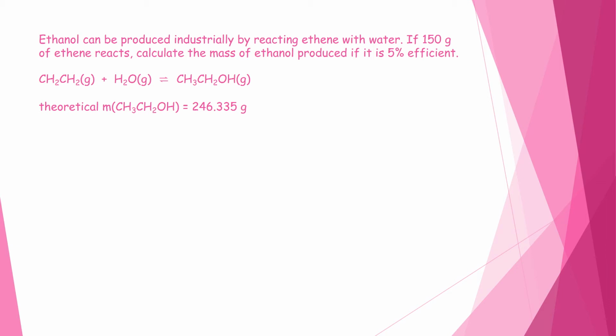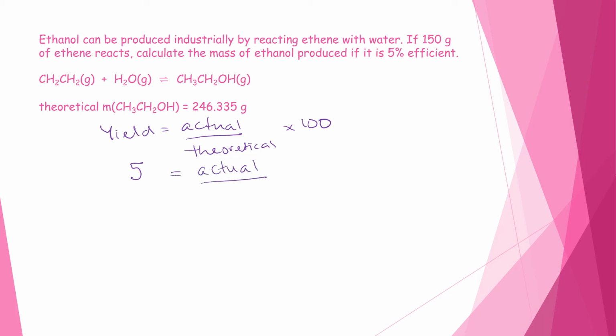So we know that the yield is equal to the actual quantity divided by the theoretical quantity times 100. So in this case, the yield is going to be 5%. So that's where we put the 5. We don't know the actual quantity, but we do know the theoretical amount we should be getting, which is 246.335, times 100.